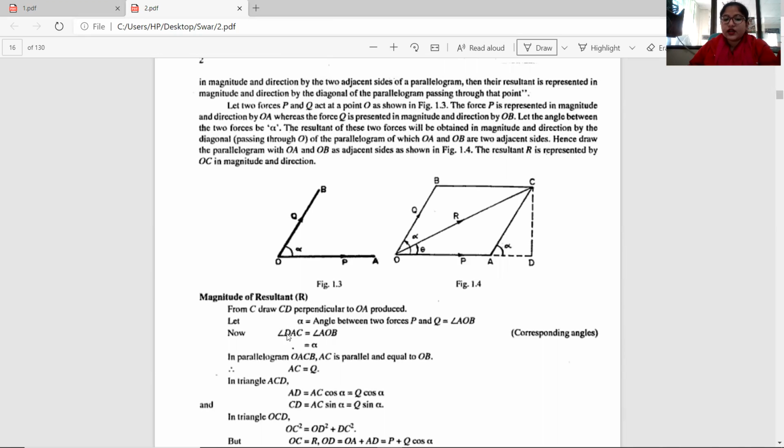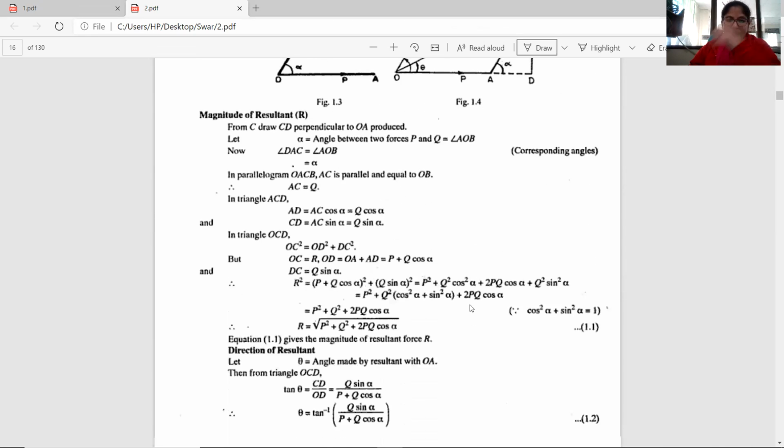Angle DAC is equal to angle AOB, so both are alpha.